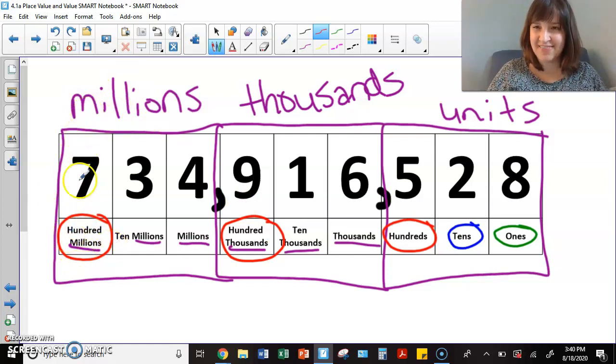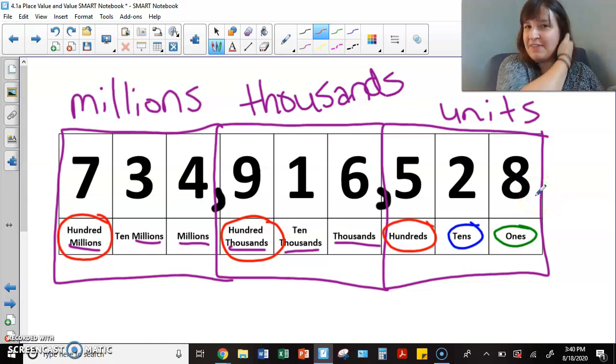It's always in that third place over from a comma, or in this case, an invisible decimal point right here, which we'll talk more about in my video on decimals. My third place always has the word hundred because they have the same first name. They have different last names because they're in different houses or different families, but that's the first name. So this is my hundreds place, this is my hundred thousands place, and this is my hundred millions place.